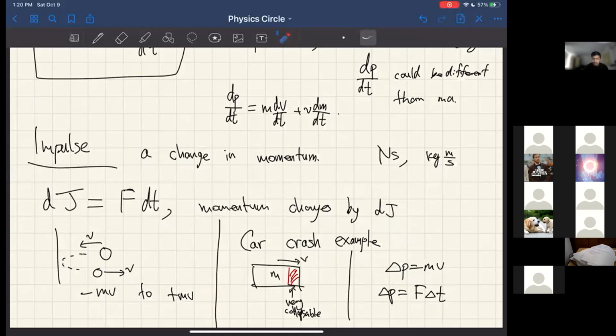Somebody asked a question about geodesics on curved space-time. Must be acted upon by a force, right? Okay, so somebody's asking a sort of general relativity question about momentum being conserved on a geodesic in space-time.